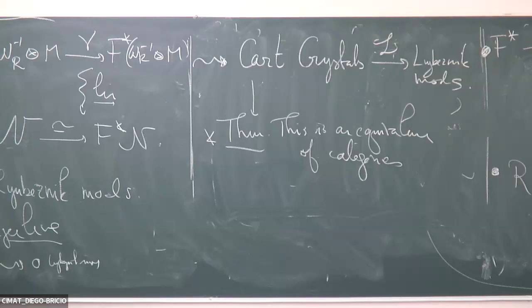So intuitively, it means that the information you lose when you go from here to here is literally nilpotency. What you have to prove in principle is that two Cartier modules are nil isomorphic if and only if they give the exact same vesting module. That's what you have to prove.